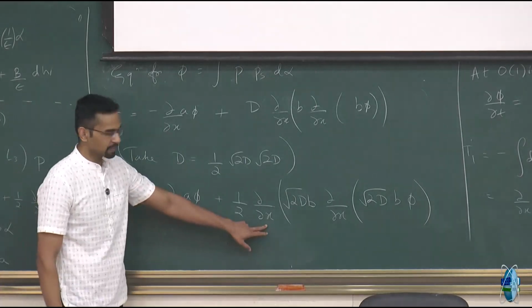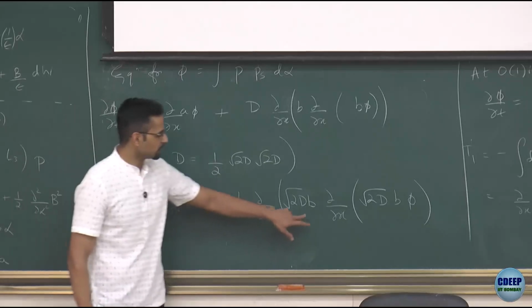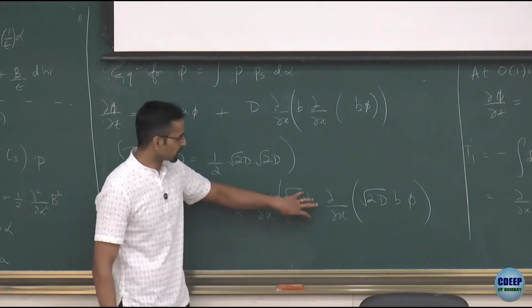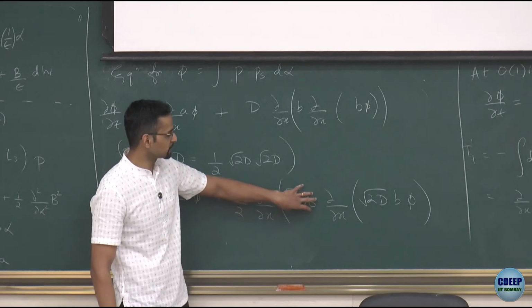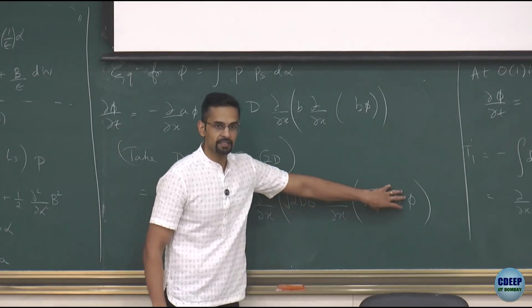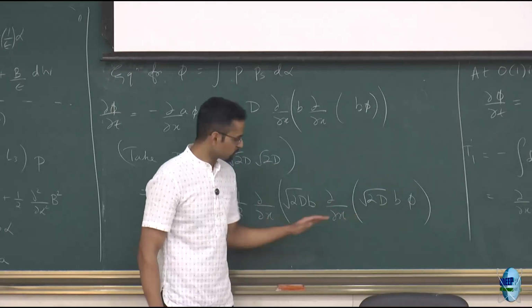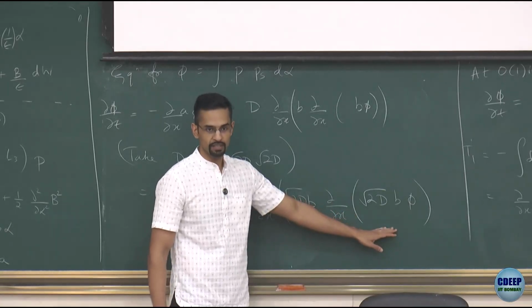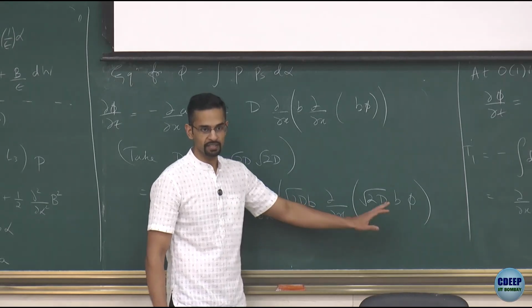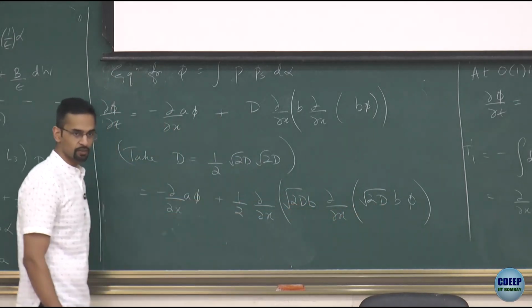Now, this is like a diffusion term. It's 1 by 2 d by dx, but the space-dependent diffusivity is sitting inside, and it's in this split form. It's not one coefficient. So this is the Stratonovich form of the Fokker-Planck equation, which we had seen earlier when we did Ito to Stratonovich.